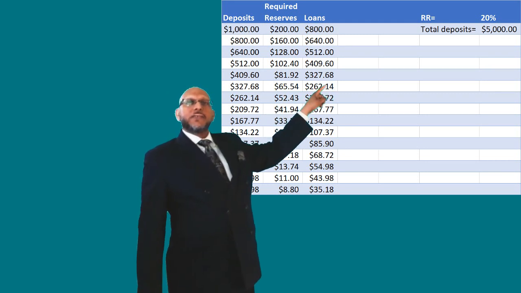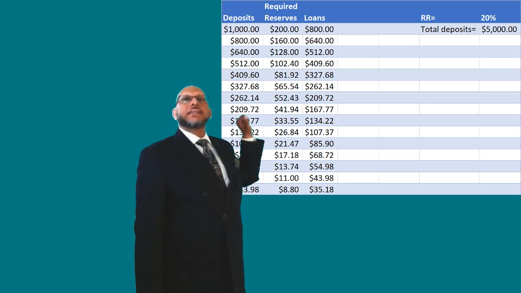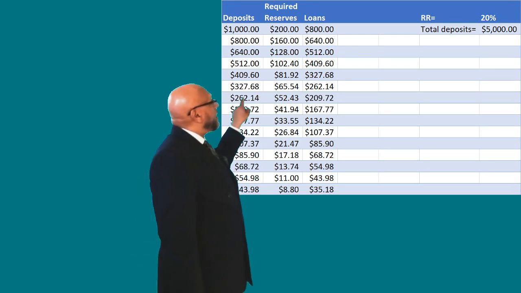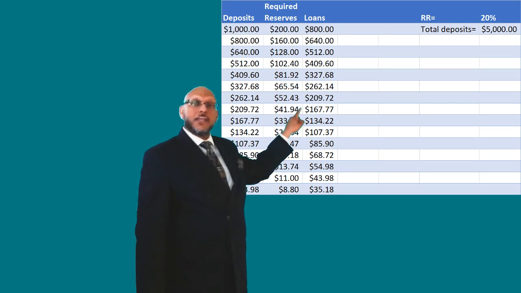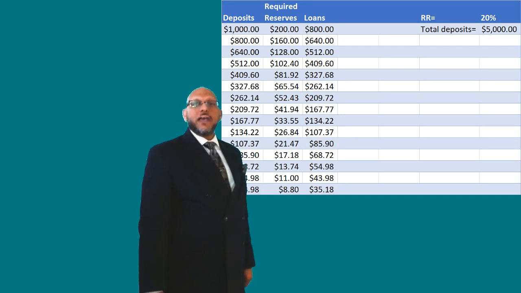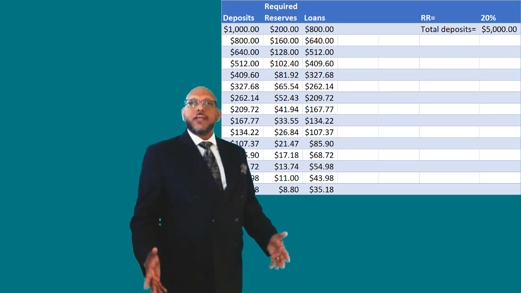What if one person borrows $800 of that, takes that money, and instead of spending it, saves it and puts it in the bank? That bank now has to hold $160, not $200, and it can loan out $640, and so on.